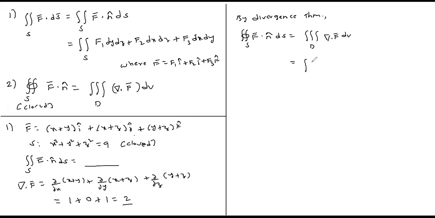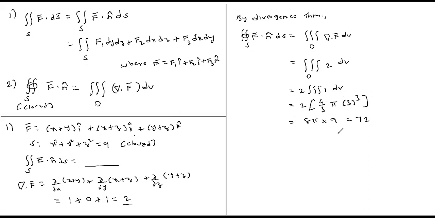Del dot f bar is 2, dv over the domain D. 2 is constant, so the triple integral of 1 gives the volume of the sphere. What is the volume of the sphere? 4 by 3 pi r cube. What is the radius here? 3. So the 3 and 3 get cancelled. 4 twos are 8, pi into 3 threes are 9. So the answer is going to be 72 pi.